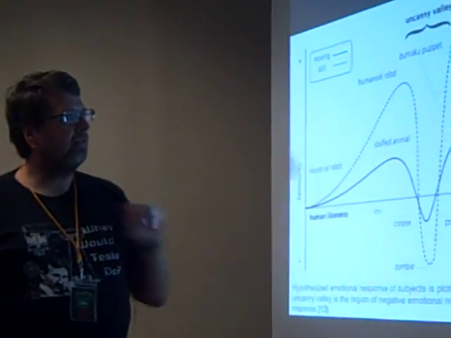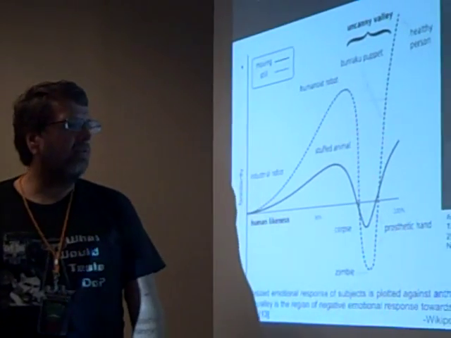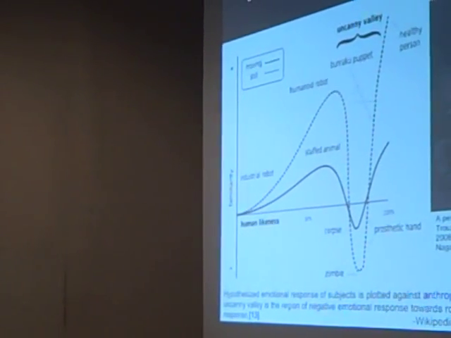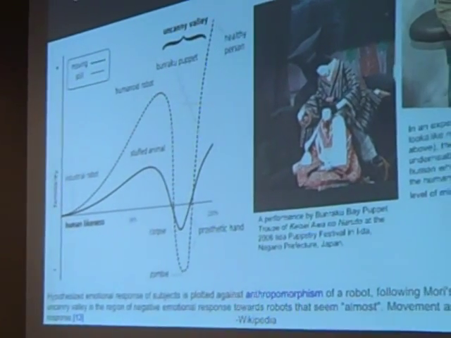But look at where we are. They're already saying that the best animated robot type thing is this Bunraku puppet troupe. Again, Japan.